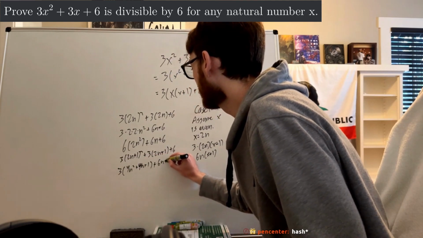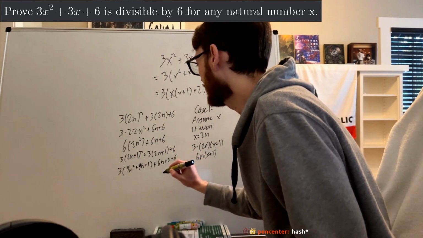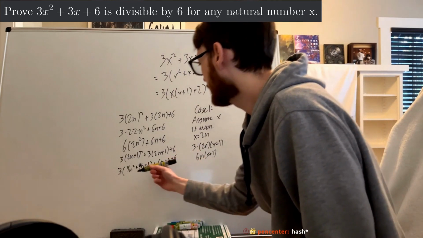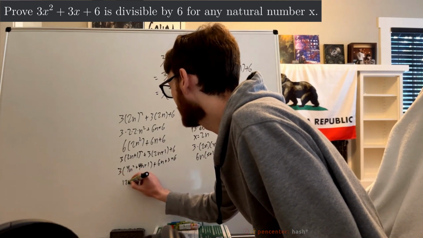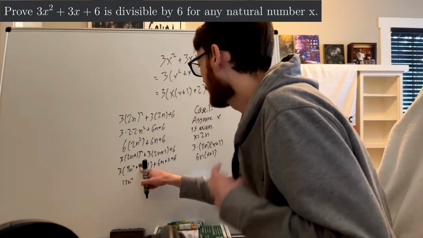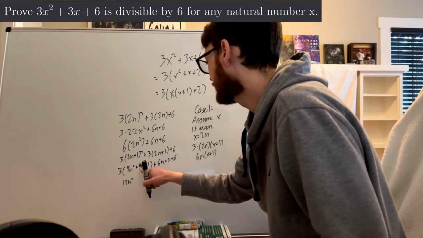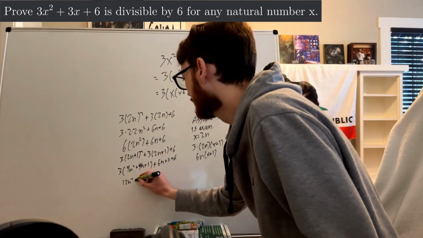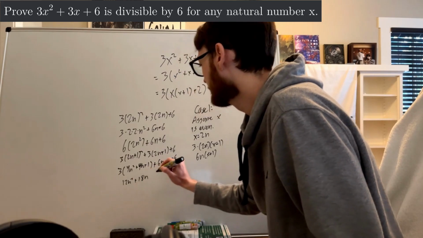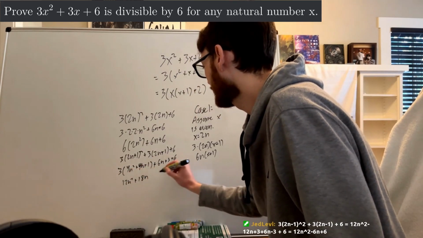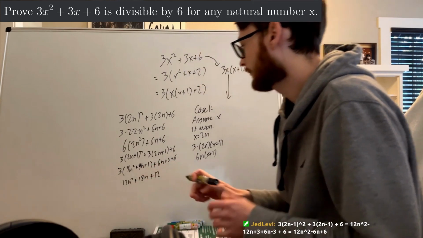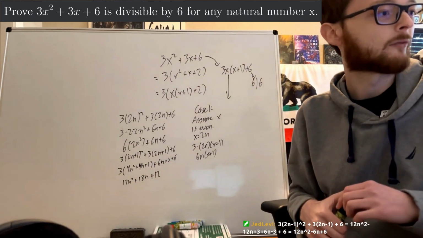Plus 6n plus 3 plus 6. And this is going to work out. Well, actually, let's bring it all the way home. 3 times 4 is 12. And squared 3 times 4 is 4n, or 12n. 12n plus 6n is 18n. 3 times 1 is 3, plus 3 is 6, plus 6 is 12. All of these are, again, divisible by 6.